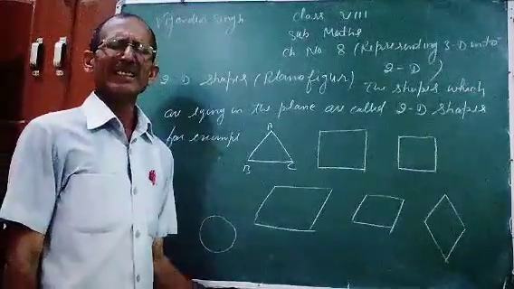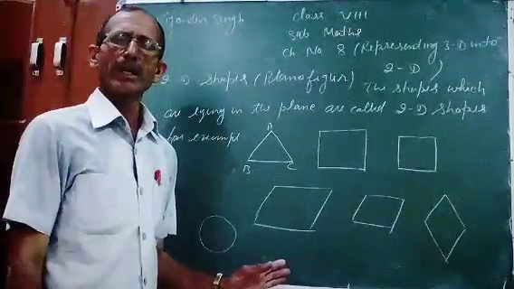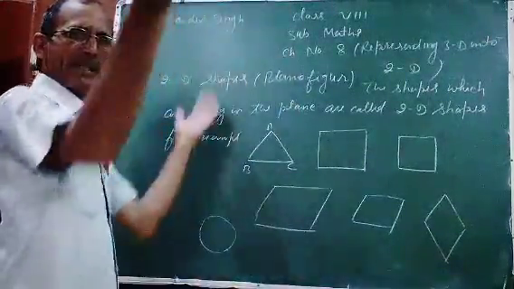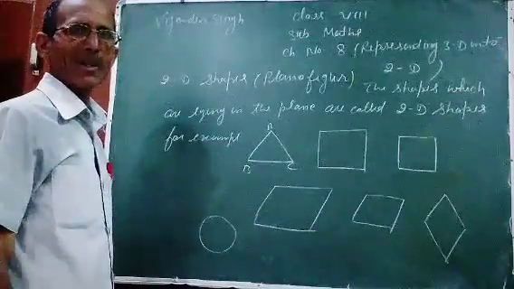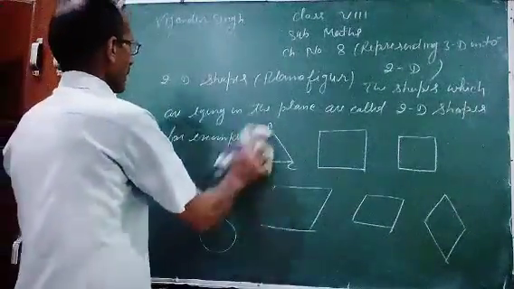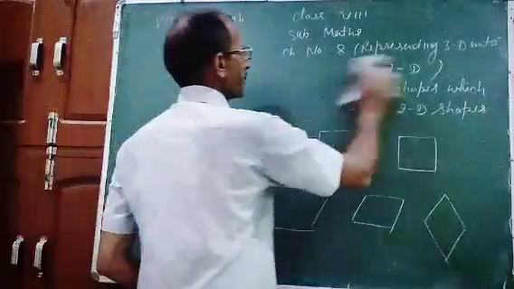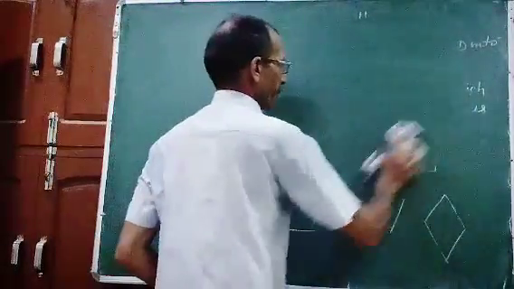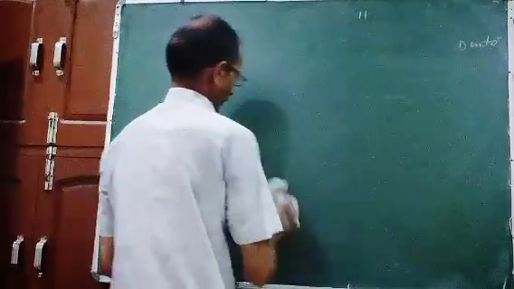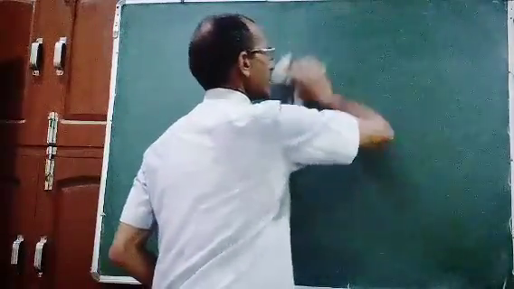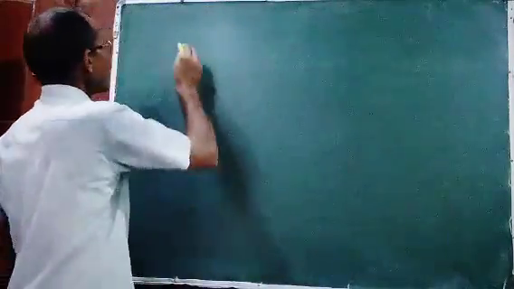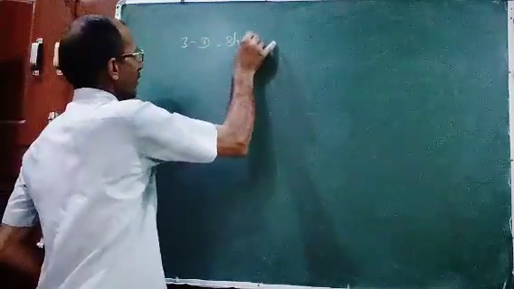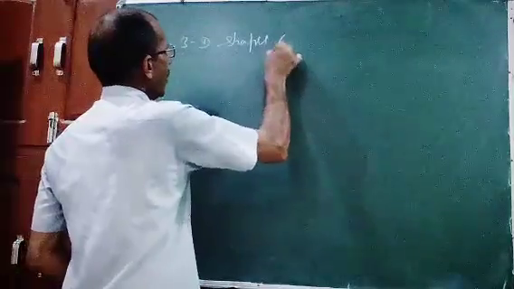Now what are three-dimensional shapes or solid shapes? The shapes which have three dimensions are called solid shapes, or 3D shapes.